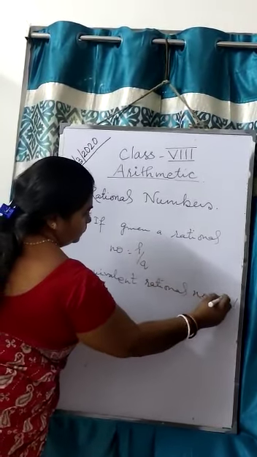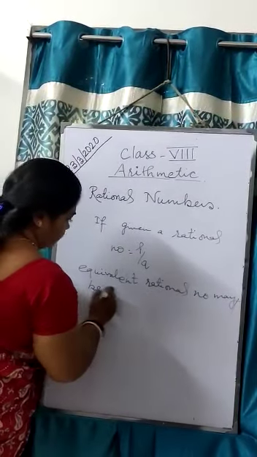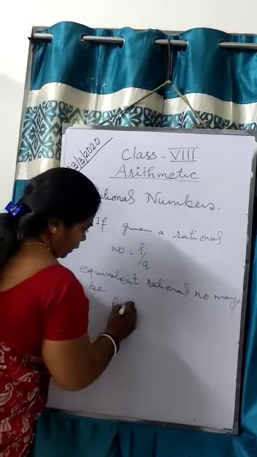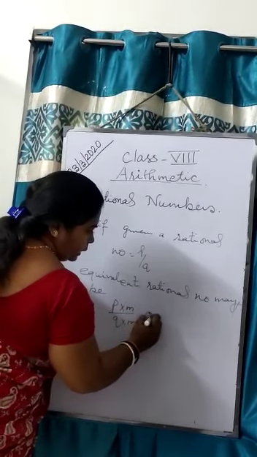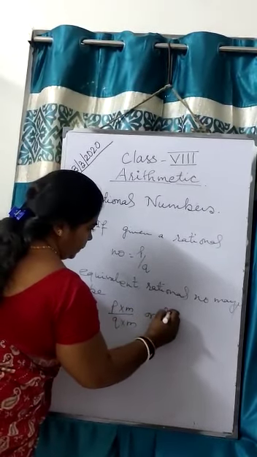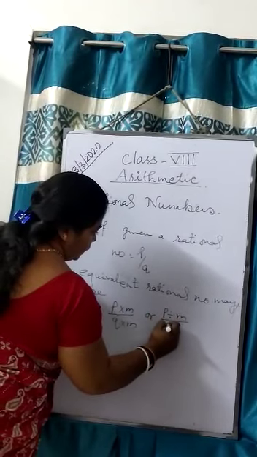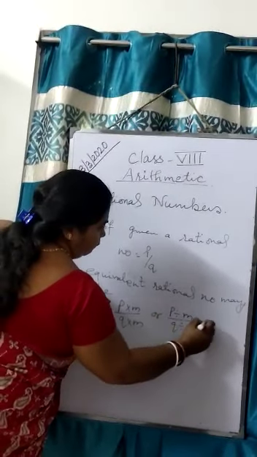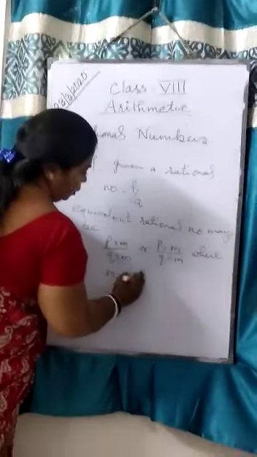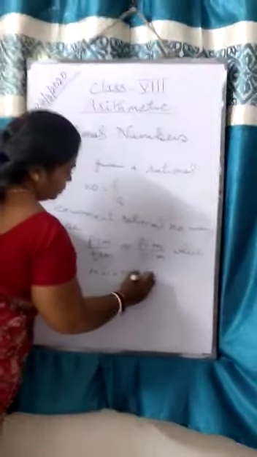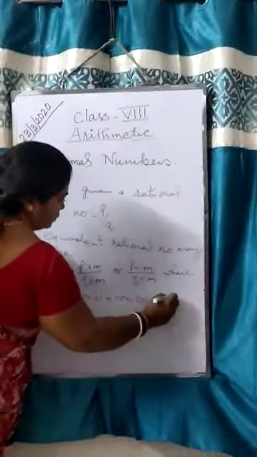Numbers may be p into m by q into m, or it can be p divided by m by q divided by m, where m is a non-zero integer.